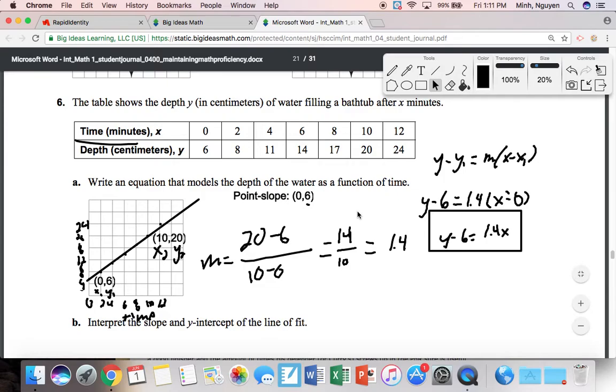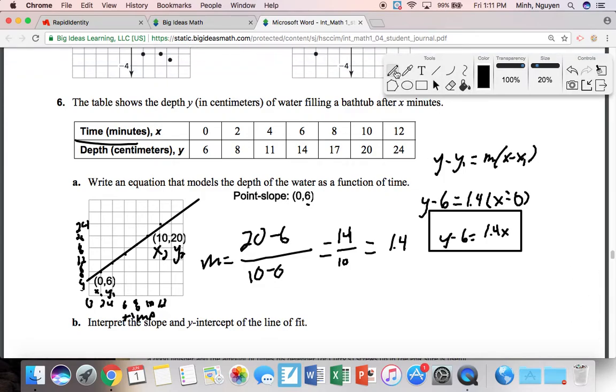Interpret the slope and y-intercept. So the y-intercept is when you started, there was already 6 centimeters of water, so you might say, before filling the bathtub, bathtub, not bathrobe, there was already 6 centimeters of water.